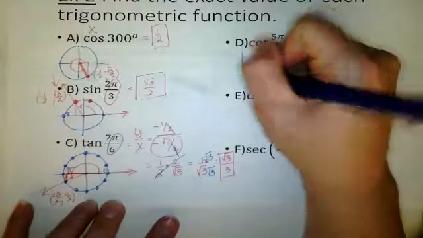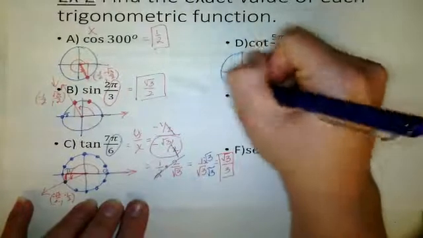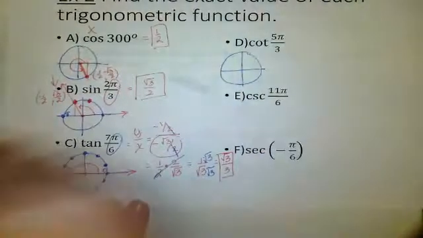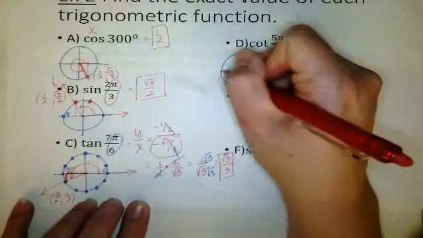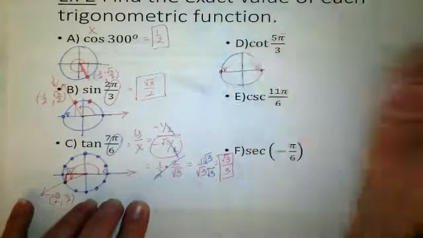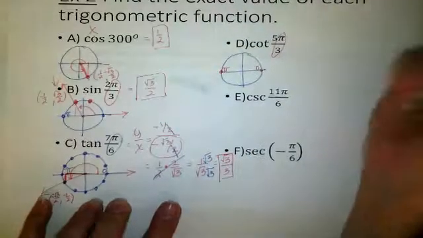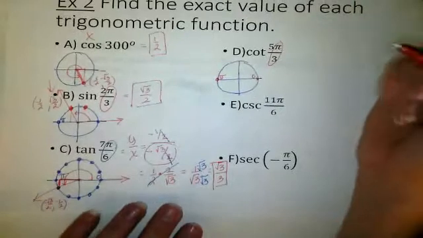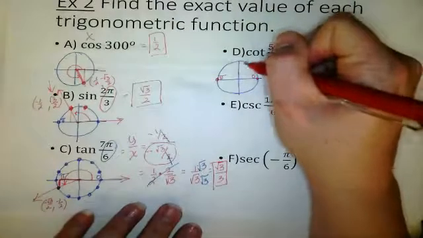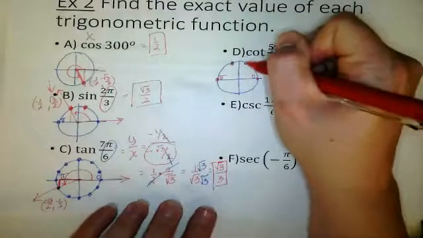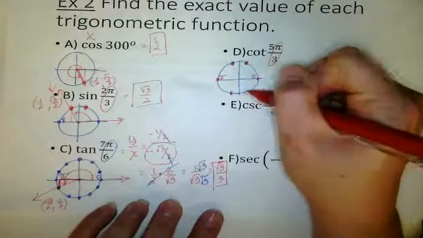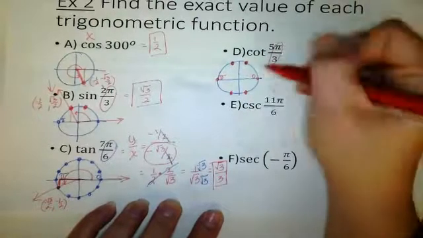5 pi over 3. So I've got 0 radians. Where's pi? 180. All right. And what are we cutting pi into? 3's. So I'm going to, again, exaggerate that. Is this a bow tie or butterfly triangle? A butterfly, yeah.